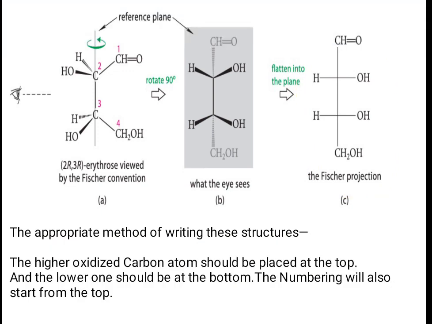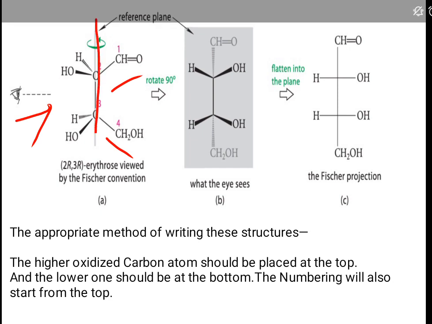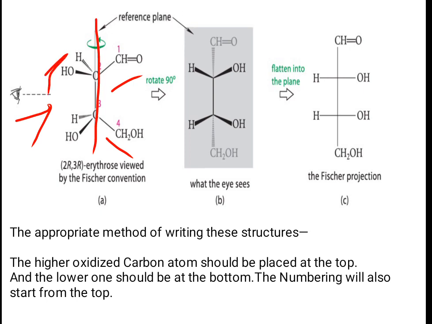Let me describe this. You are watching from this angle. This bond and this bond, these are in the back of the plane. This is your reference plane, and this two and this two, these 4 atoms are in front of the plane. So you will see a structure like this. Your eye will see this, and if you just project it on a paper, you will get the Fischer projection.